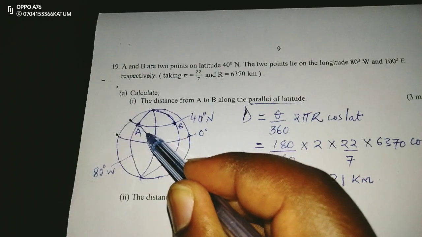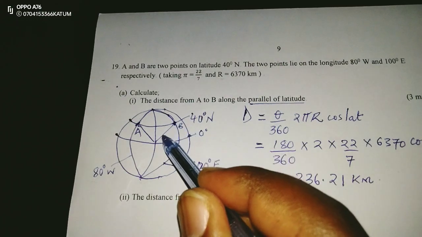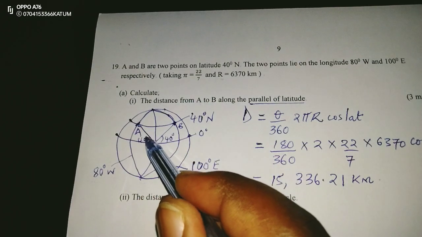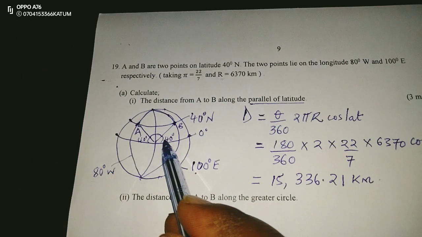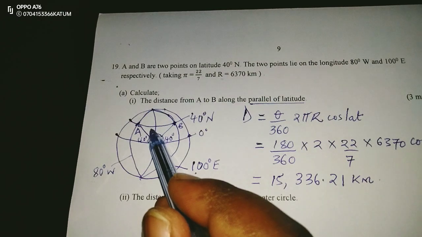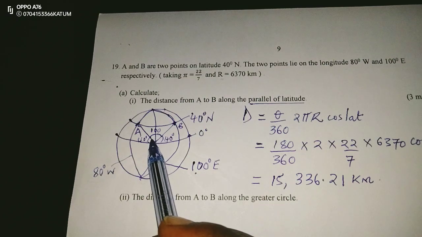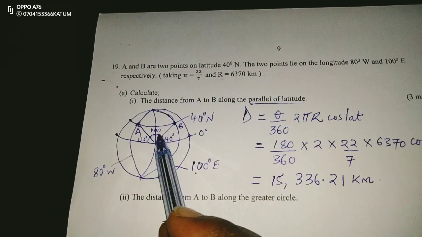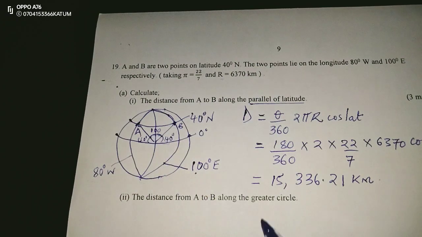Therefore, I'm going to connect to the axis of the earth such that from 0 to this latitude I have 40, then from 0 again to this latitude I have another 40. That means the angle here is 40 and 40, that gives us 80. Then we subtract from 180, so the angle here is exactly 100. So the angle at the center of the arc AB is 100 degrees, because from 180 degrees I took away 40 and 40.